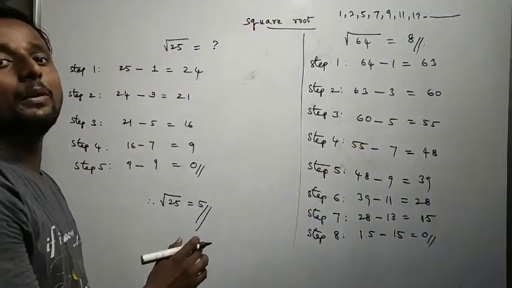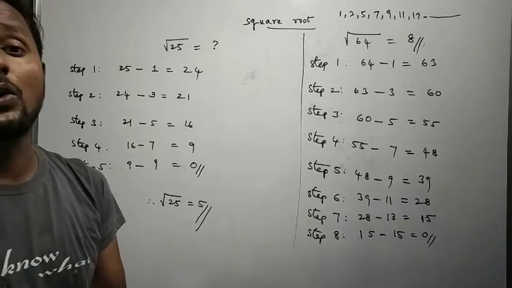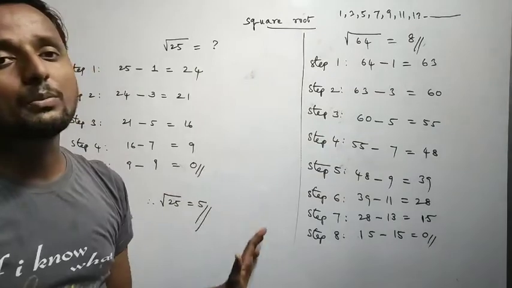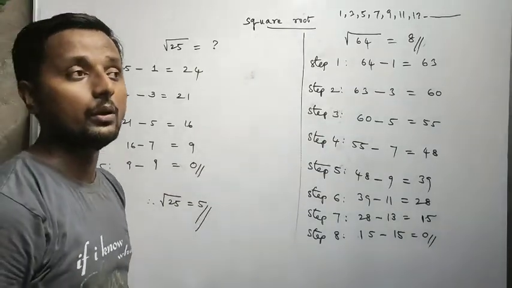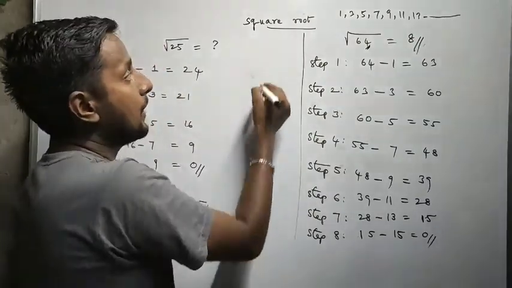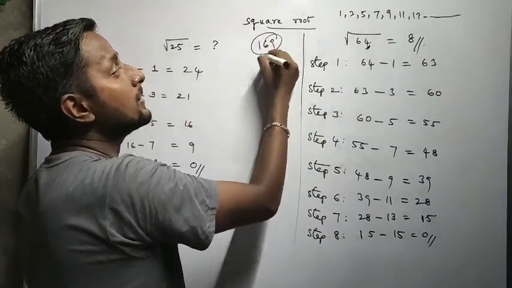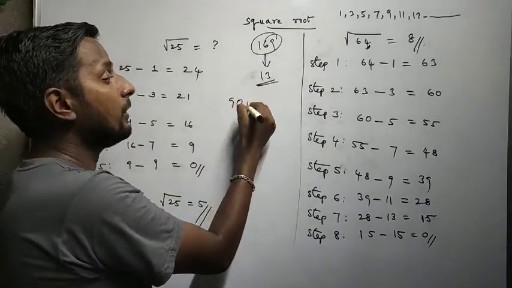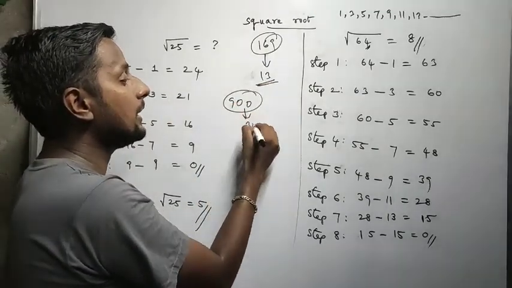So this method can be called the subtraction of successive odd numbers. Using this method you can find the square root of any number. Look at 64, it takes 8 steps, correct? If I give 169, it takes 13 steps. If I give 900, it takes 30 steps.